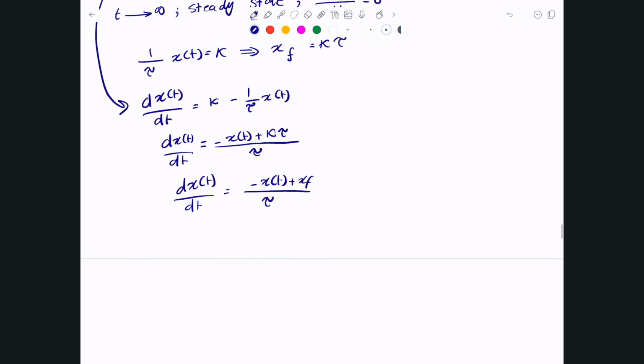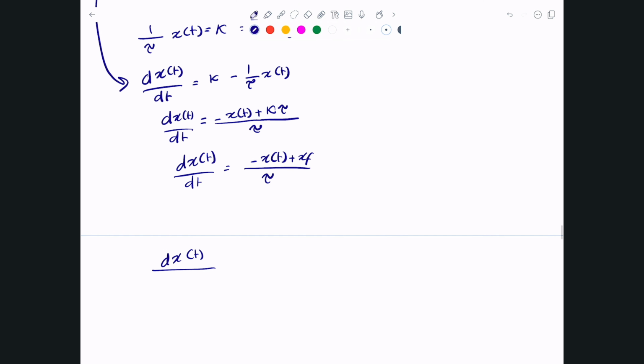So the way we're going to do it, we're going to say this is dx of t divided by, and we can just basically say this is negative, this is positive in here, and this one here is negative, just to simplify things. So that will be x of t minus x final, equals negative 1 divided by tau. I kept the negative here, basically I just took it out, times dt.